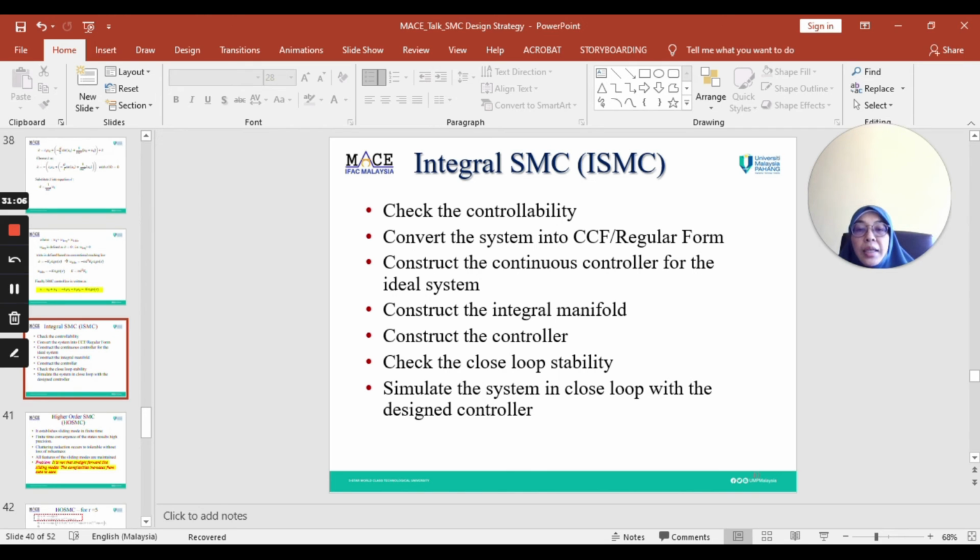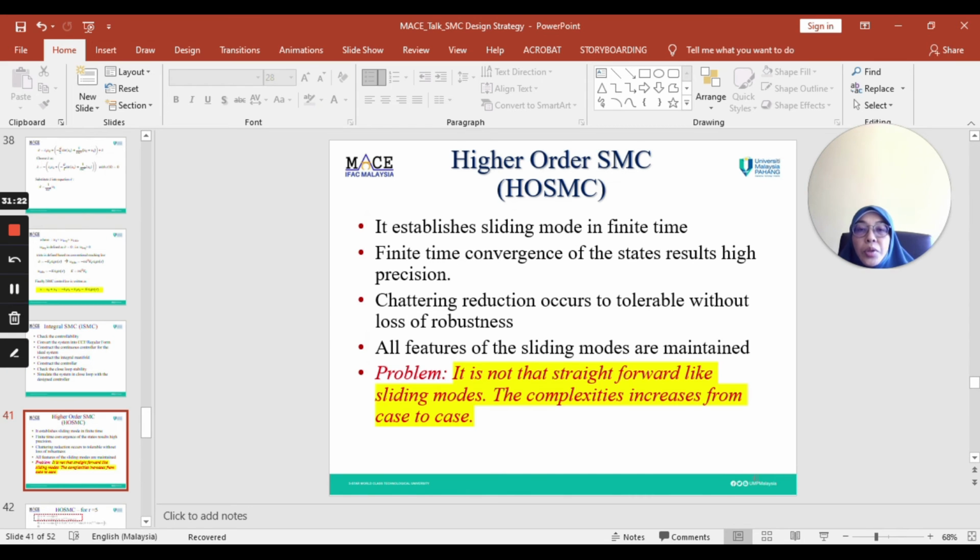Then we construct the overall controller for the ISMC and check the closed loop stability. Finally, we can simulate what we have designed previously. So that is ISMC.